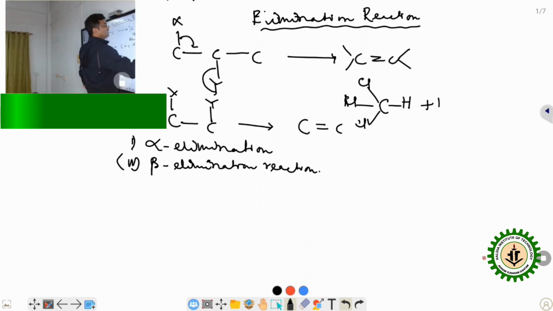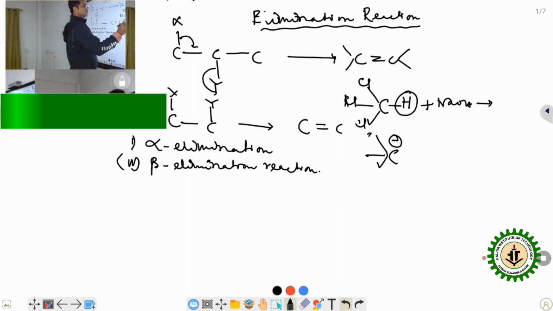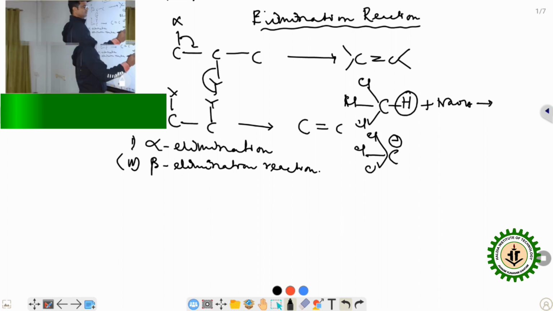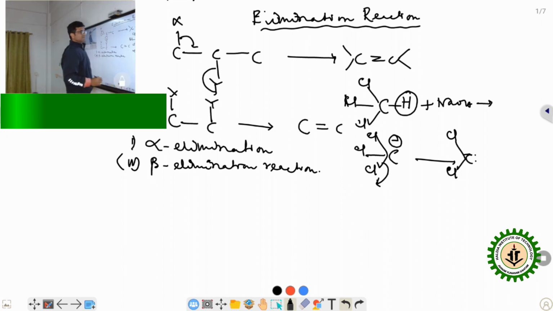Now in terms of base, sodium hydroxide, this base will abstract this acidic hydrogen to form this anion, followed by this Cl being eliminated to give this kind of species, which is actually called carbene, plus Cl minus.